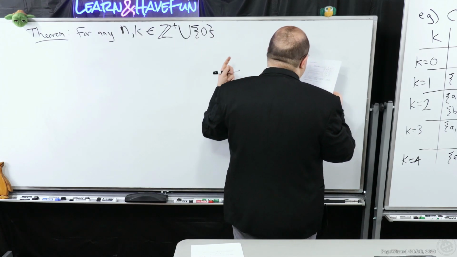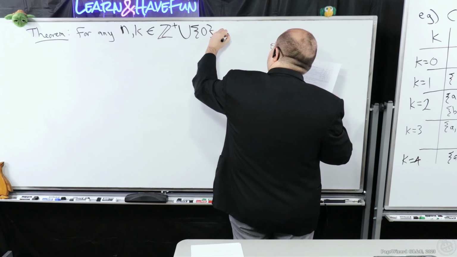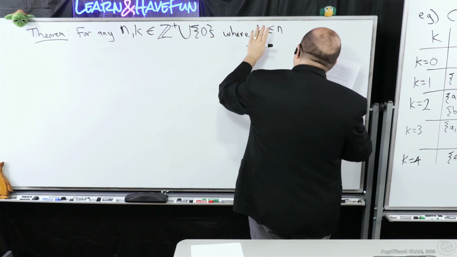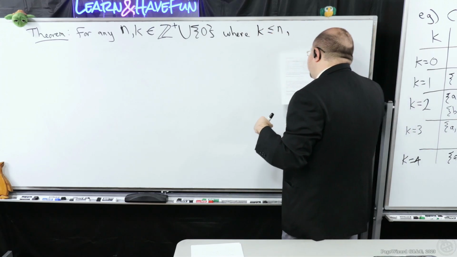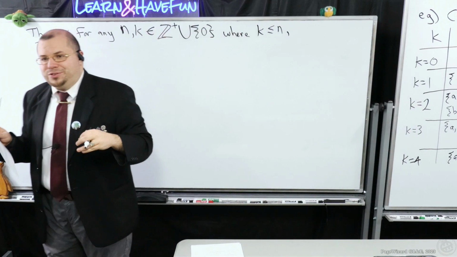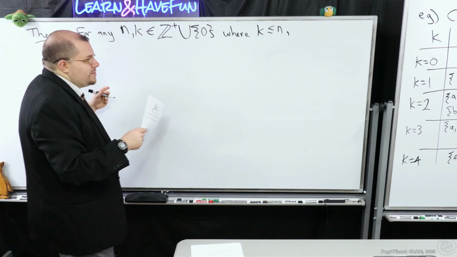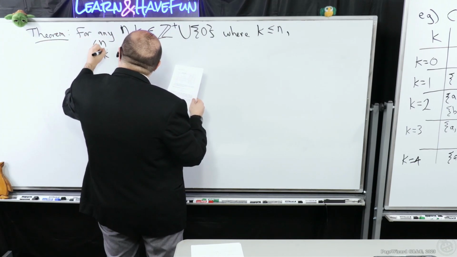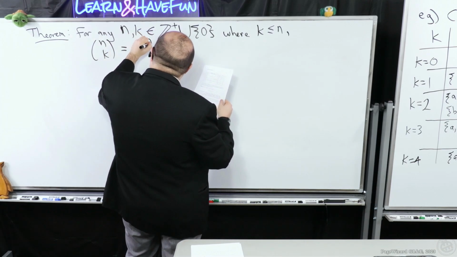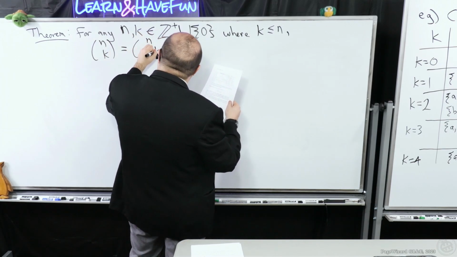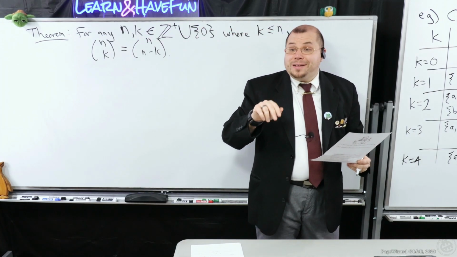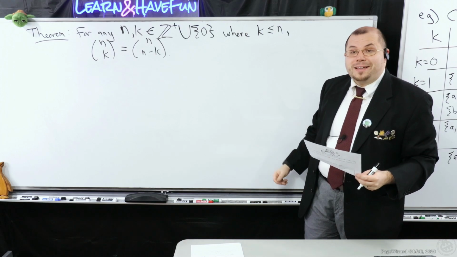As we discussed previously, k is less than or equal to n. That's the first of the 2 cases. So here's the claim: n choose k is in fact equal to n choose n minus k. That symmetry that we noticed is not a coincidence. It's in fact a true statement.